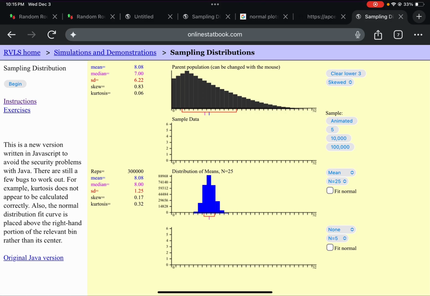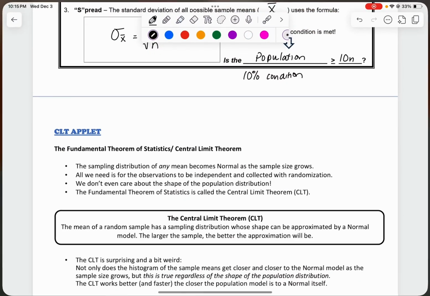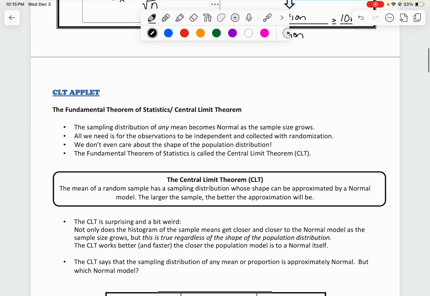And then we can still use the formulas we were just talking about to calculate these probabilities for the sampling distributions. So what you're seeing here is what we call the fundamental theorem of statistics, the central limit theorem. Basically, it's saying the sampling distribution of any mean, no matter if the population is normal or not, is going to become normal as the sample size grows.